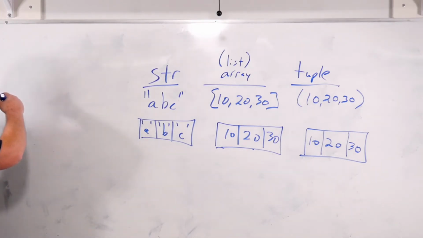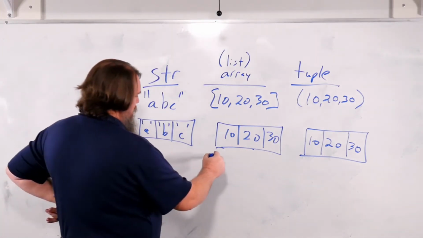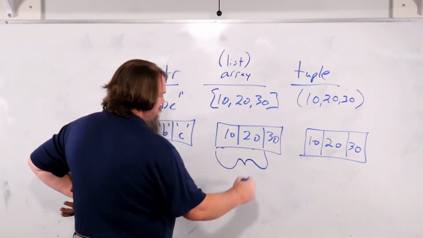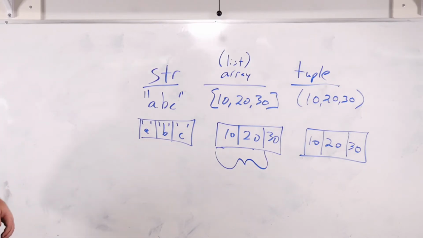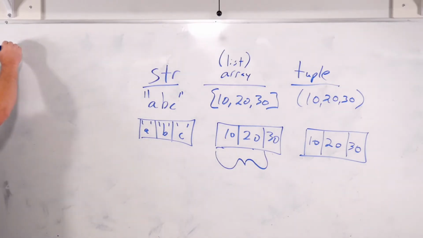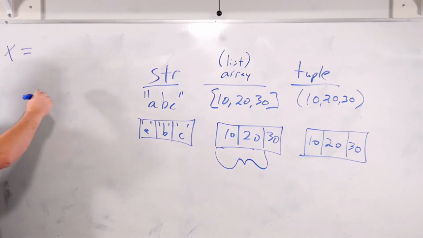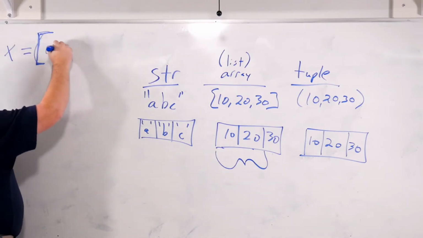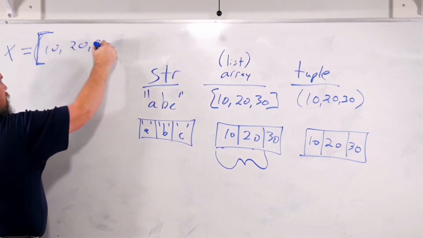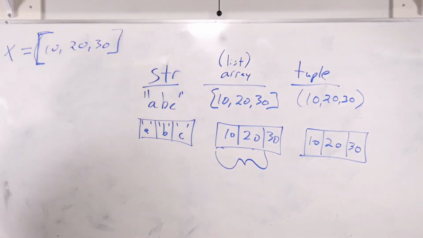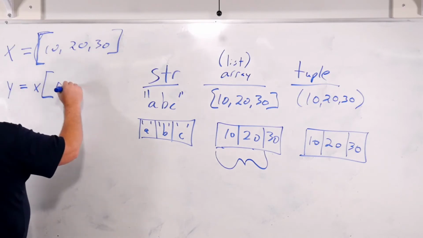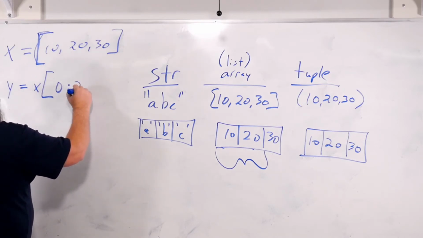All right, so let's imagine that I want to copy out these two elements out of the array. So we have the array x equals, well, square brackets, 10, 20, 30. Now we can say y equals x[0:2].